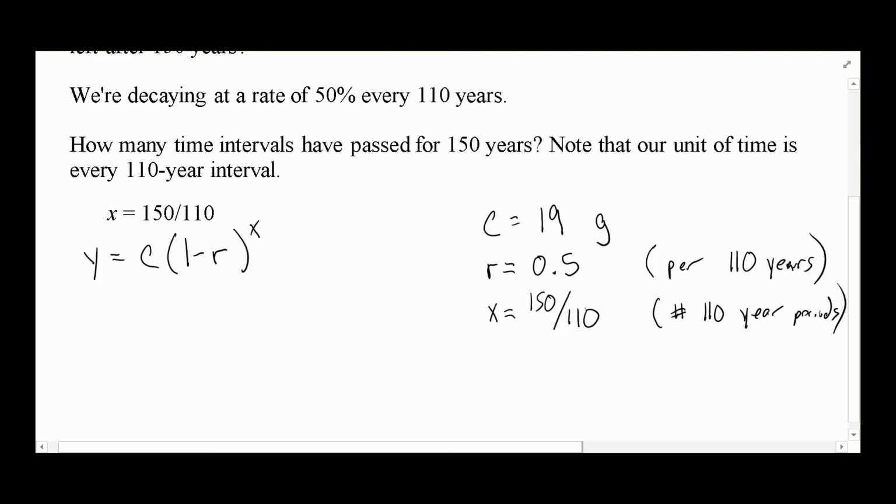Divide by how many of those periods have come about. Once we identify that that's what's going on in this problem, it becomes as simple as the rest. We plug in the C value, we plug in our rate of 0.5, and our exponent of 150 over 110.